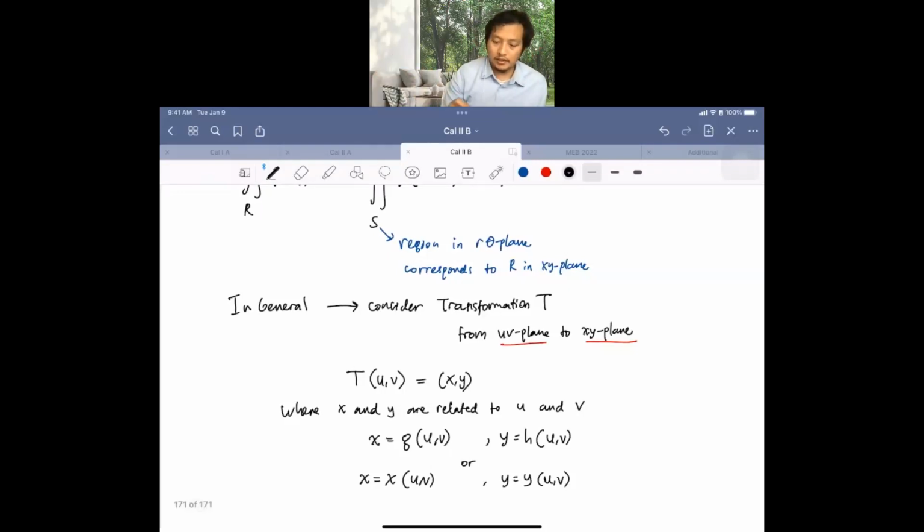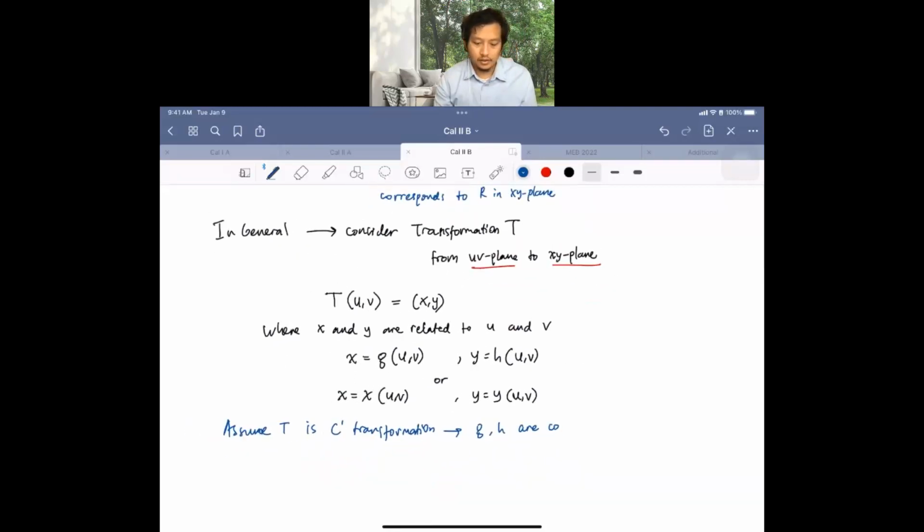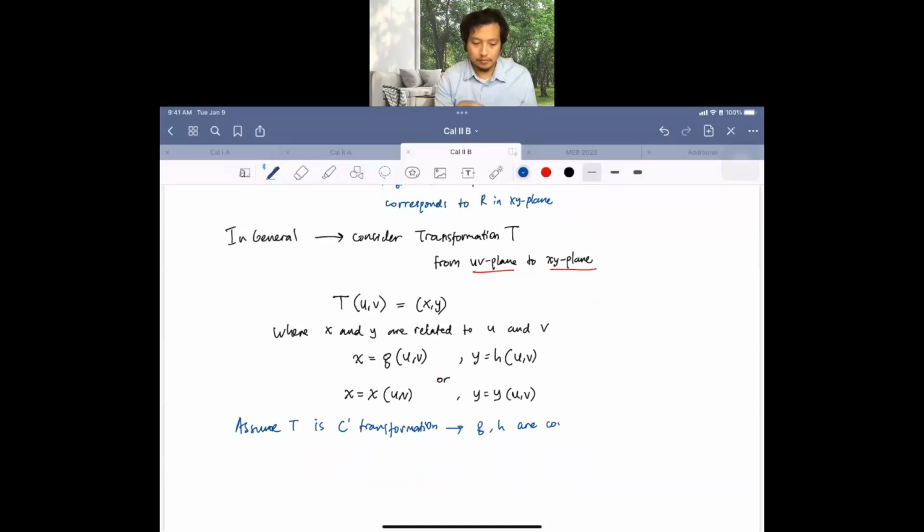And assume that T is a C1 transformation, which means that the functions g and h are continuous, or having continuous first order partial derivatives.